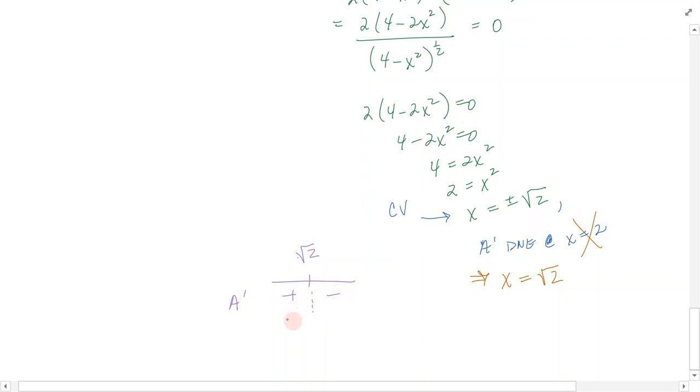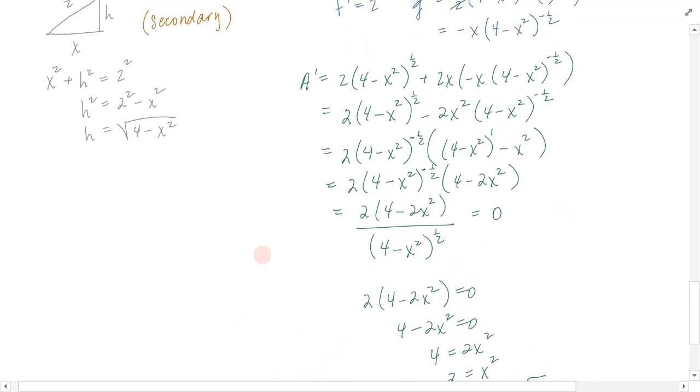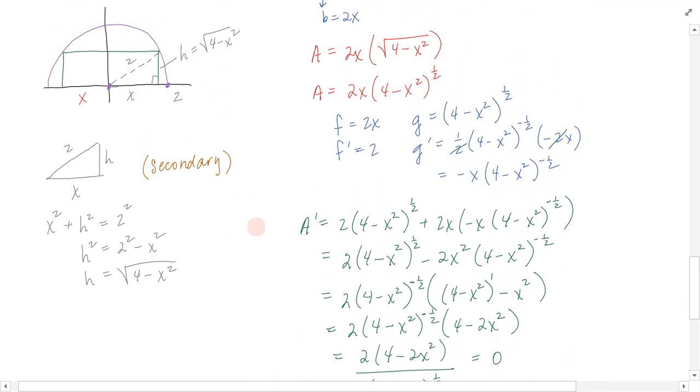So we would be increasing to the left, decreasing to the right, and therefore, yes, this is a maximum value. So when x is equal to the square root of 2, coming back up here to our picture, we have one portion of our picture that we're looking at.